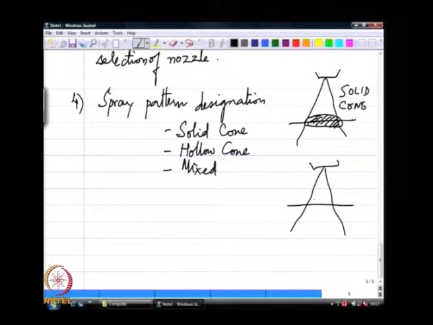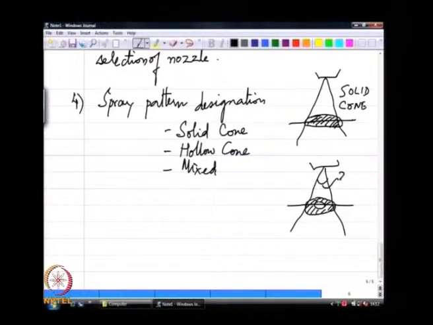If I did this on a hollow cone spray nozzle, I am expecting there would be like a donut shape. Okay, so, the size of the donut varies between hollow cone and the mixed version, but essentially these are two variants of the spray pattern.